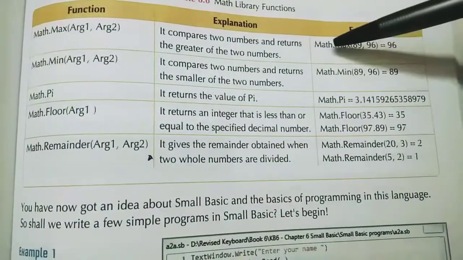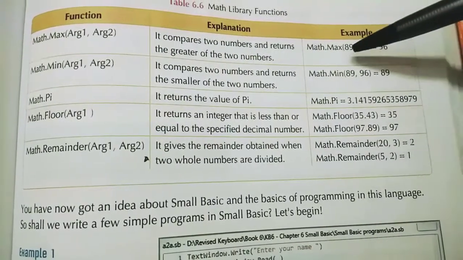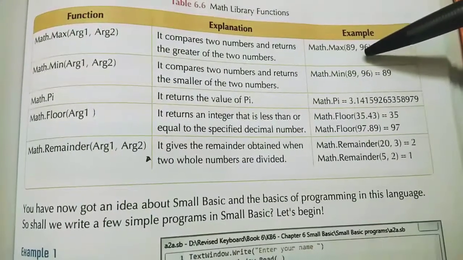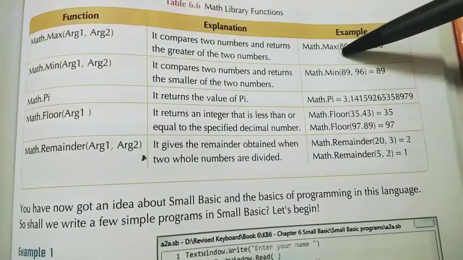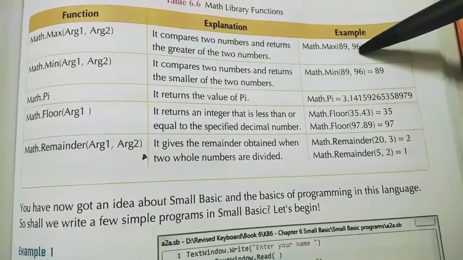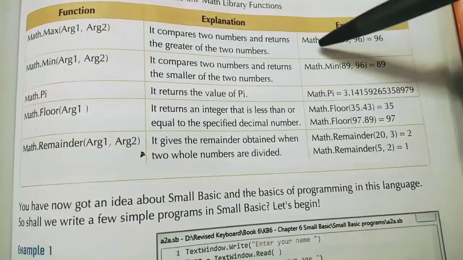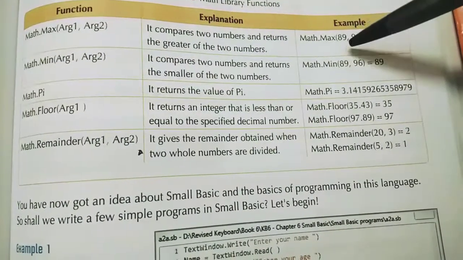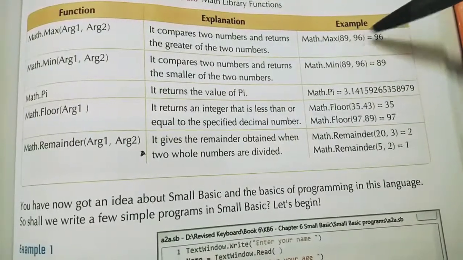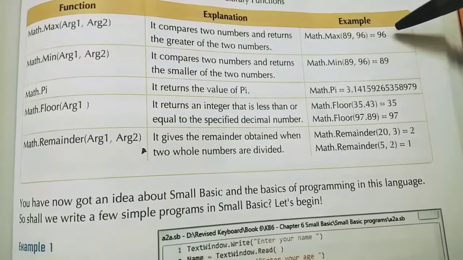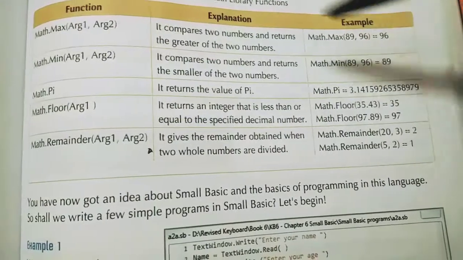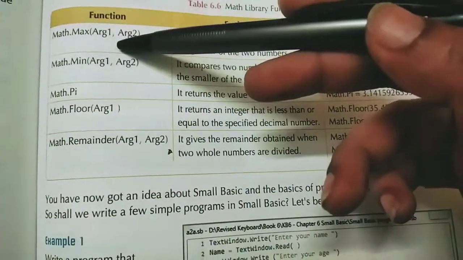In the example, argument 1 is 89, argument 2 is 96. Between these two numbers you have to find which is greater. So the greater number is 96. Understood the function of Math.Max?